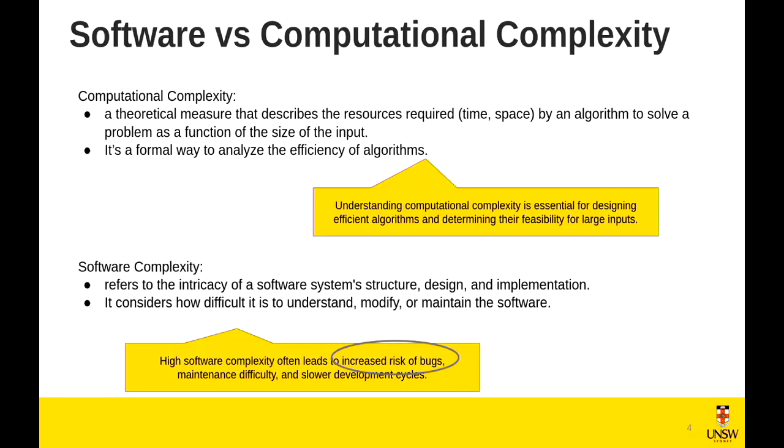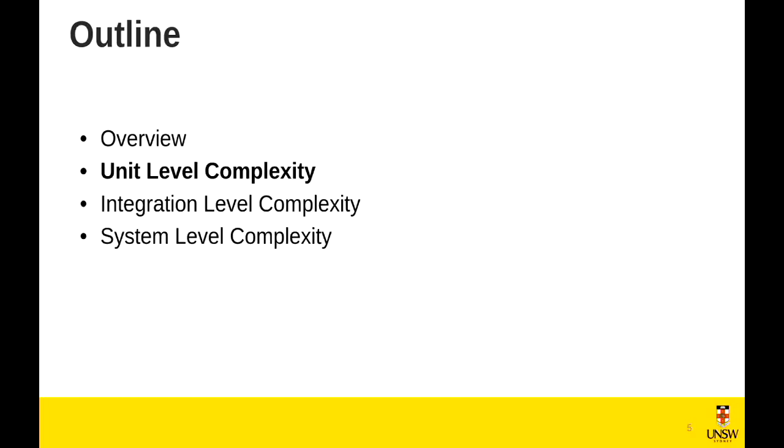This is why we are interested in software complexity in a software testing course: most of the time, software complexity could lead to increased risks of bugs, and we are interested in bugs in this course. That's why we learn this here. And that's all about the overview of software complexity.